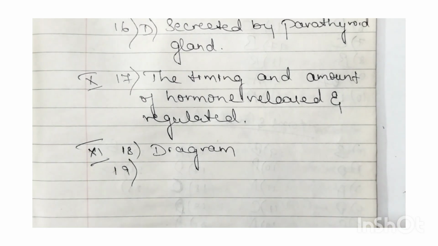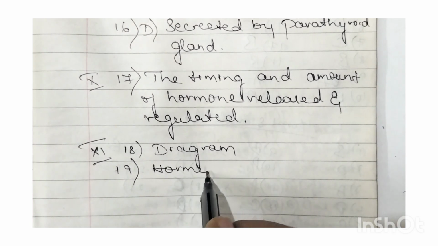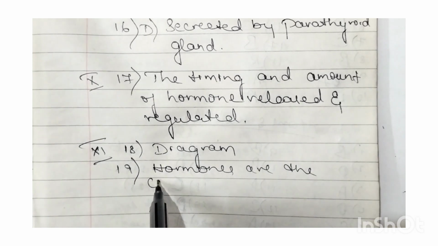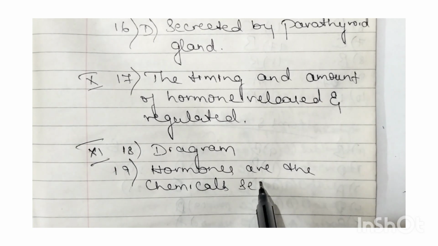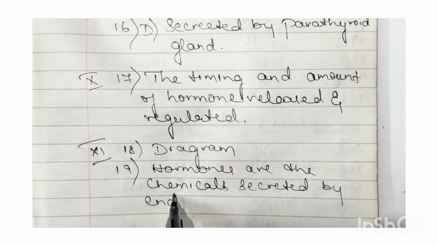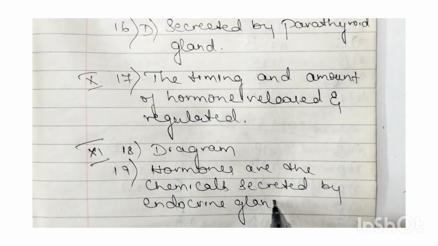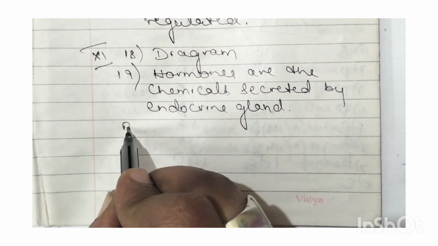What are hormones, they have asked. So let us answer what is meant by hormone. Hormones are the chemicals secreted by endocrine gland. Then why are they called chemical messengers?